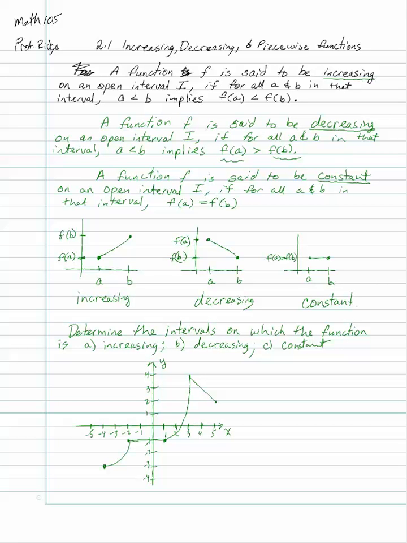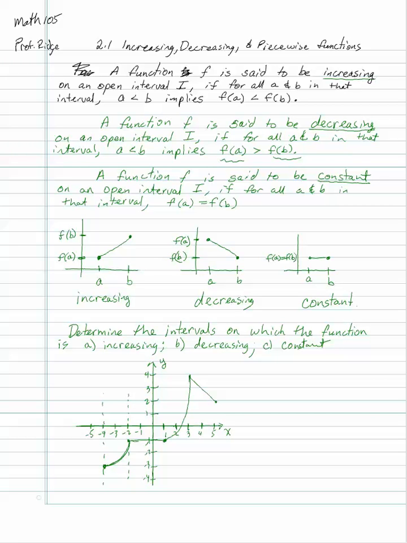So let's look at an example. Determine the intervals on which the function is increasing, decreasing, and constant. If you notice, from -4 to -2, as I move from left to right, it's increasing. It's going up.